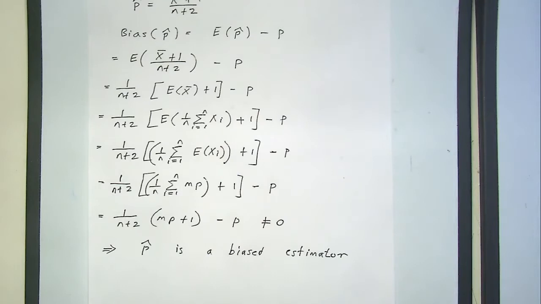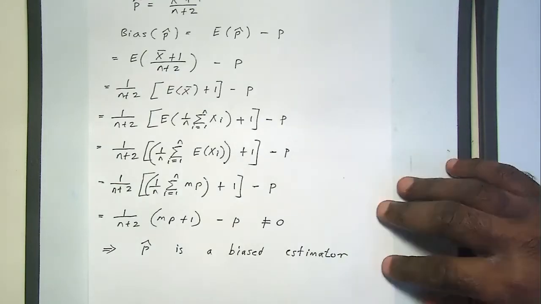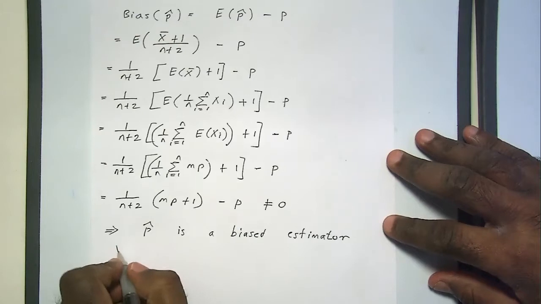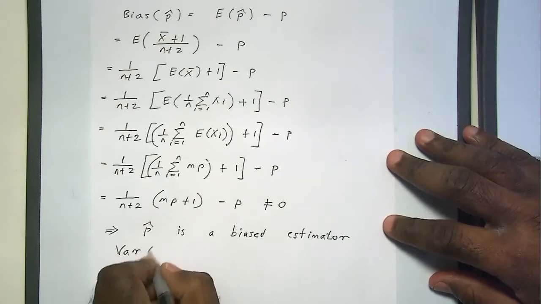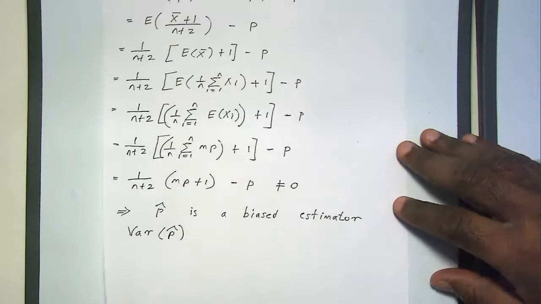And for an unbiased estimator, the bias must be equal to 0, which is not the case here, right? So that's the first part. The second part of the question is to find the variance. This is coming to your quiz number 6.